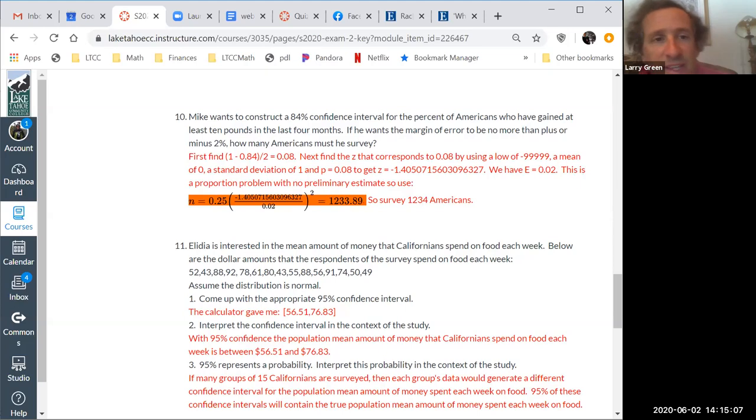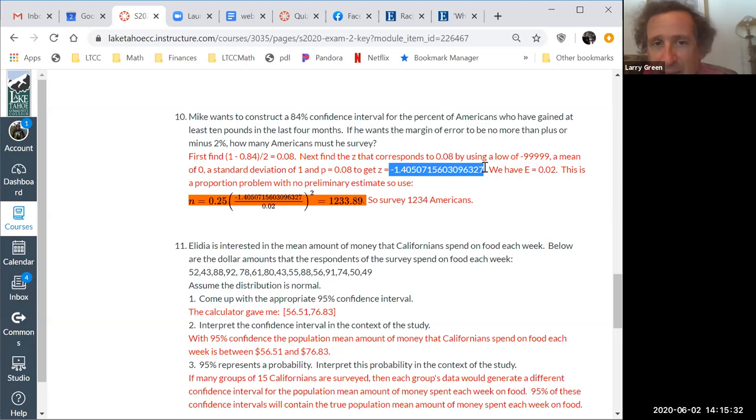Okay, so in this case, we want to find the sample size. So first I need to get the Z. And what you do for that is you take (1 minus 0.84) divided by 2, you get 0.08. Then you find basically the inverse of the normal distribution, find that Z that corresponds using the calculator. And we end up getting this big ugly number.